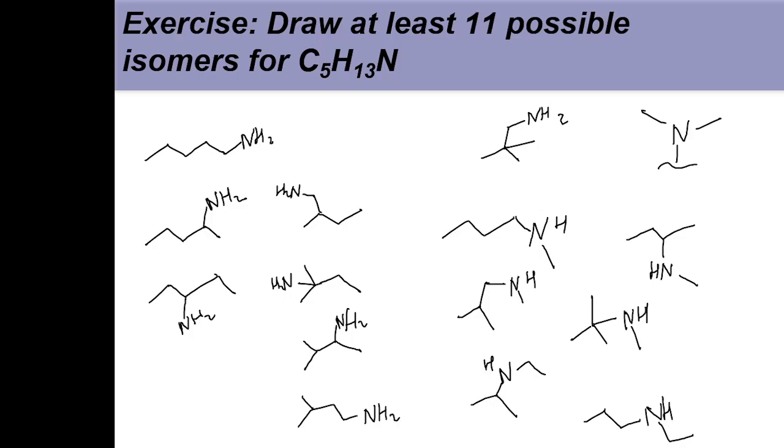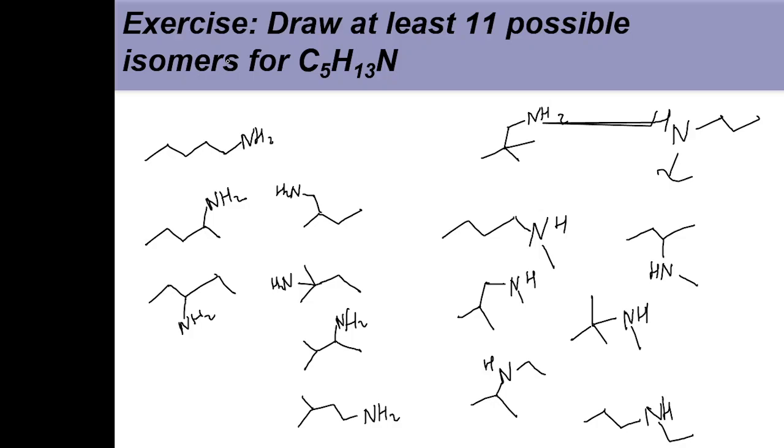You may be asking, is it possible for nitrogen to have a 3 carbon substituent on it? So for example, is it possible for nitrogen to have not 1, not 2 carbons, but 3 carbons, like a propyl, and then attached to another carbon chain?